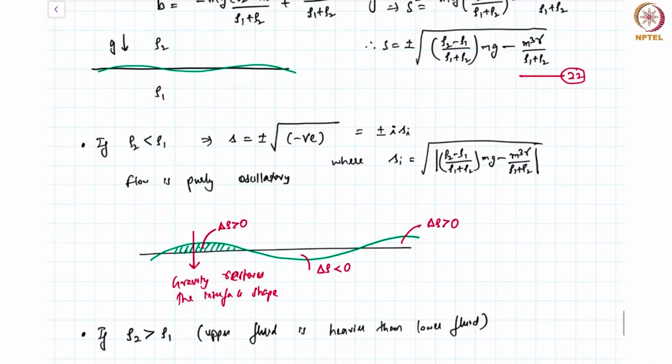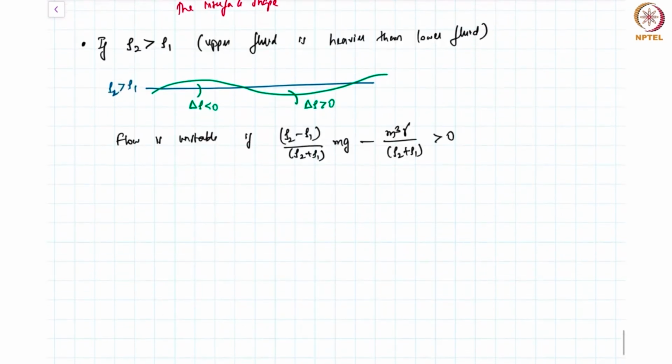That's what we have. Now clearly you can make some simplifications here. For example, the bottom is always positive. You can also cancel out one m on both sides. So we now have unstable if (ρ2 minus ρ1) times g has to be greater than m squared gamma, right?